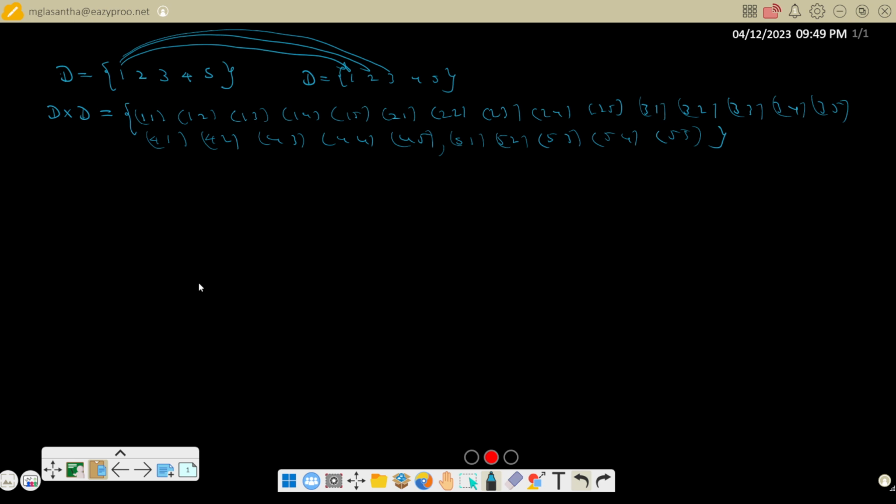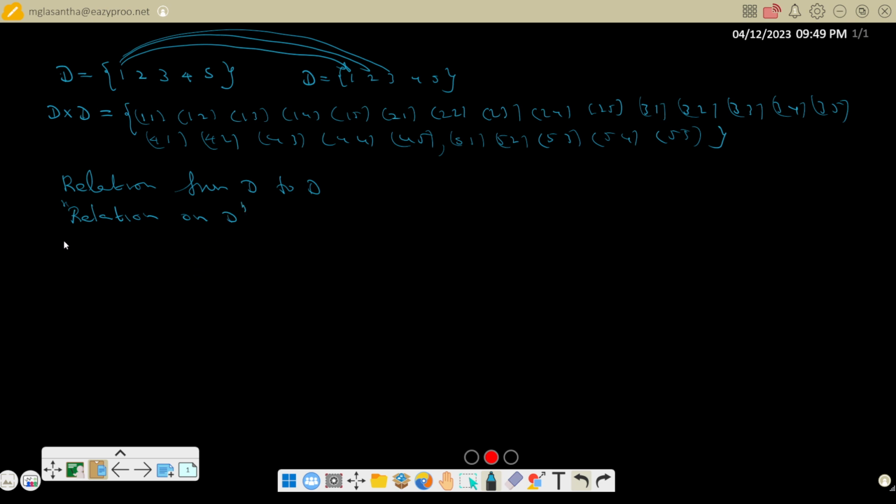D cross D. So can you write down a relation? Normally a relation from D to D is written as a relation on D. Simply you write it like that, relation on D. Is it clear? Because you have a single set, no?